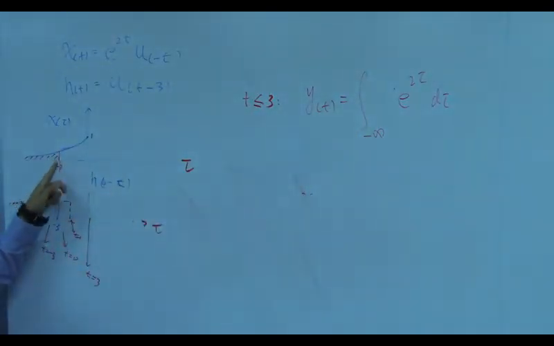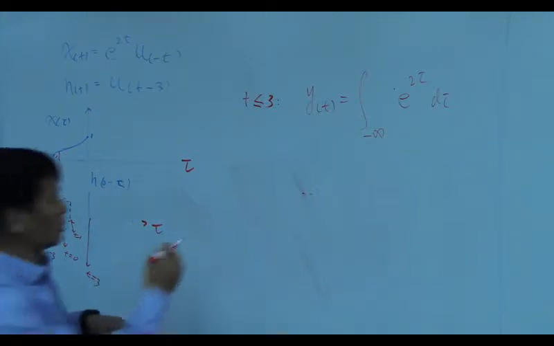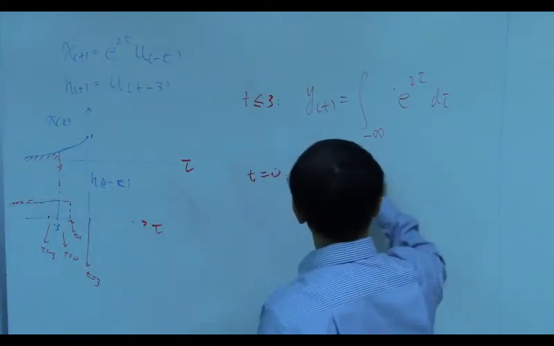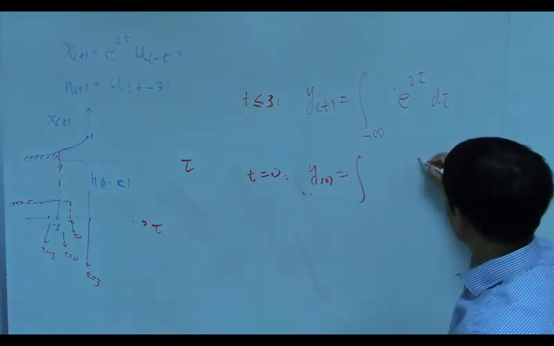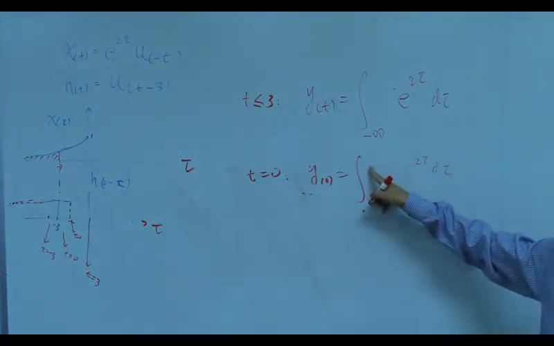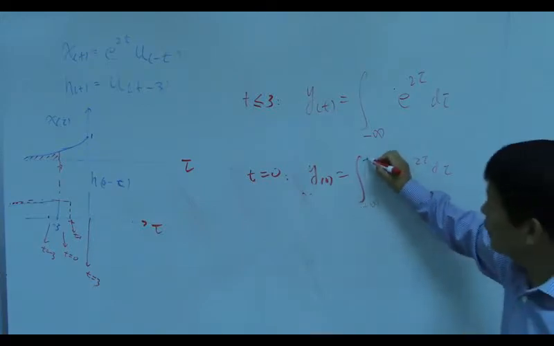That gives us the output when t equal to 0. Let me write more details. When t equal to 0, y(0) will be equal to the integral of e to the 2 tau d tau from negative infinity to negative 3.